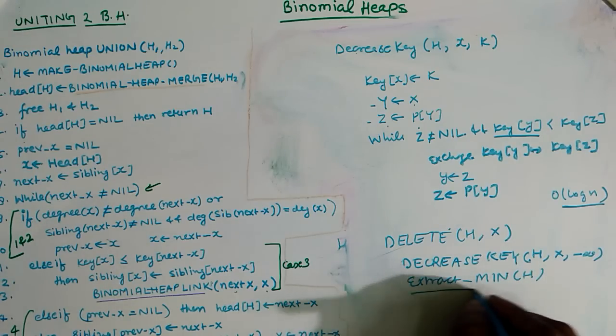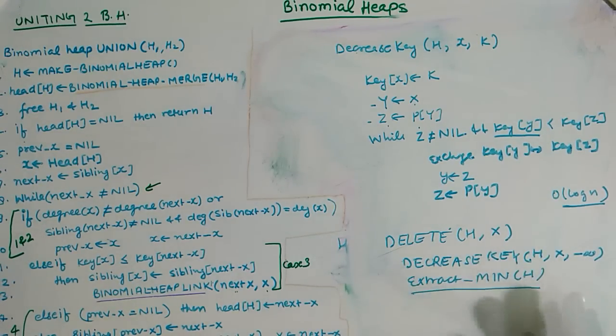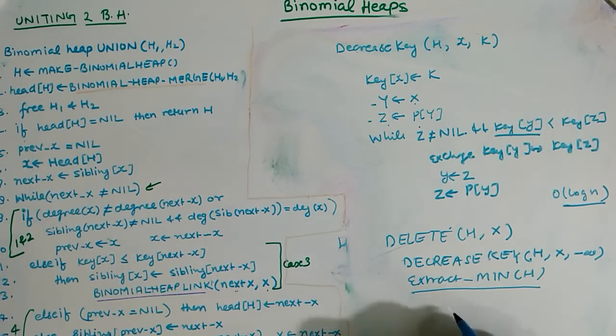So this will extract this minus infinity element from the heap. This will also take order of log n time. So all the operations of the binomial heap take order of log n time.